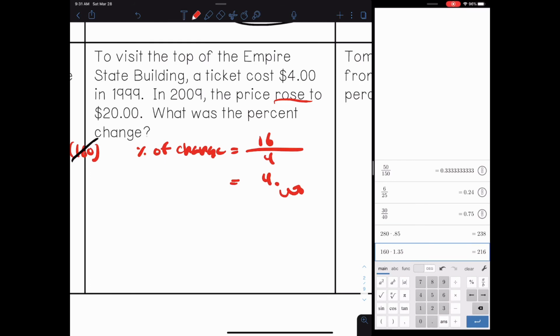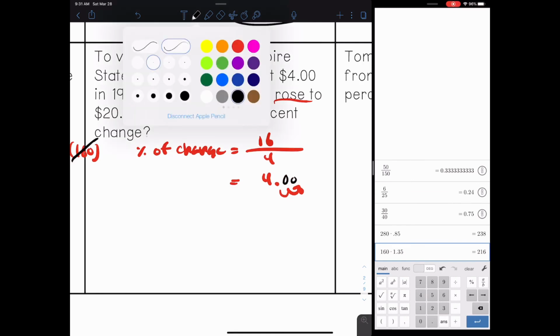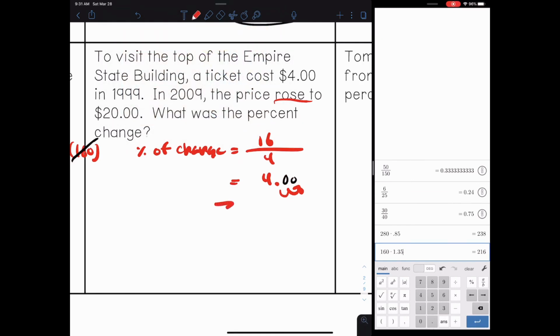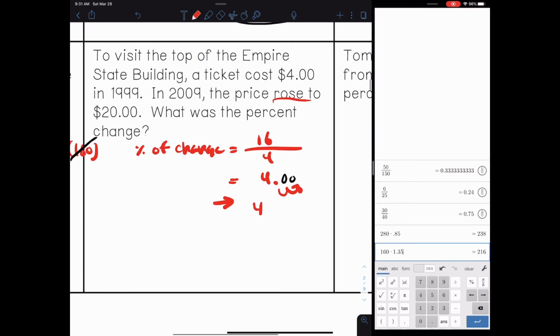And you fill in any gaps with zeros. So this is a percent of change of 400%. Now, is that an increase or a decrease? Well, it changed from $4 to $20, so that is definitely a huge increase.